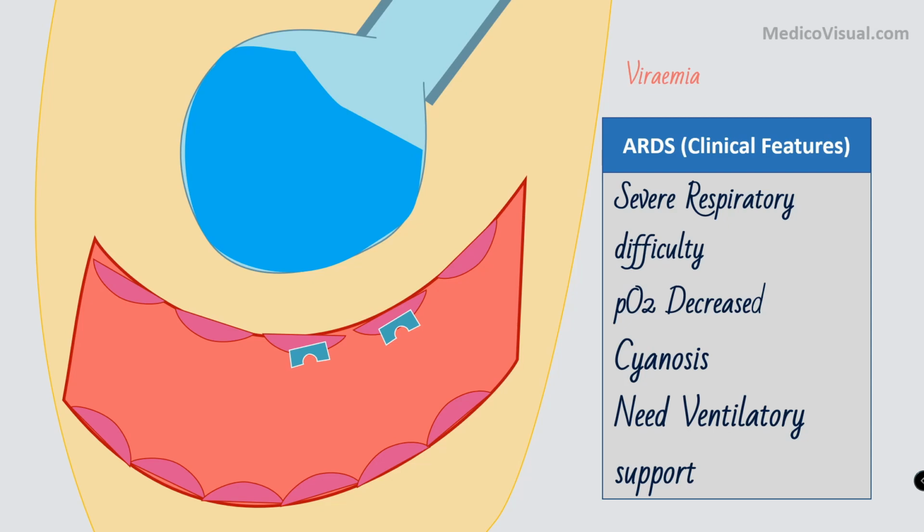Cytotoxic T cells will kill type 2 alveolar pneumocytes, and due to the killing of type 2 alveolar pneumocytes and inflammation going on there, it will lead to symptoms such as dry cough, fever, and malaise. Fever will mainly be due to cytokines that are released, which affect the thermostat. And of course there will be difficulty in breathing, shortness of breath.